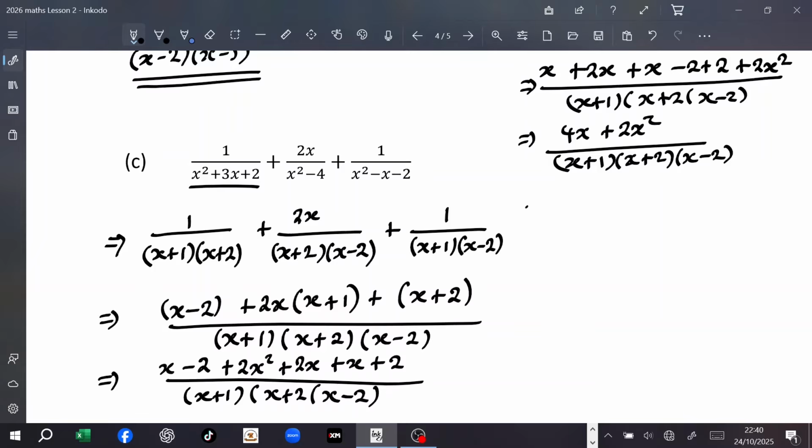So what is on top there can be factorized there. So we have 2 and x which are common out. So we remain here with the 2 just, plus here we remain with x. Then over, down you have x plus 1, then x plus 2, then x minus 2.